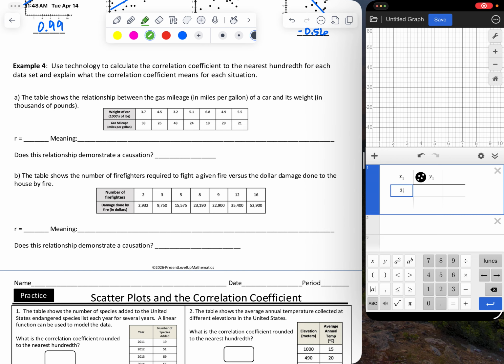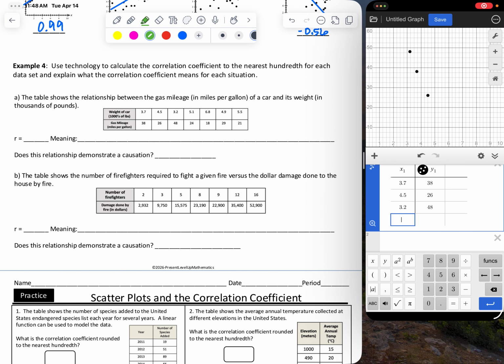So I'm going to enter my values, 3.7, 38, 4.5, 26, 3.2, and 48, 5.1, and 24, 6.8, and 18. 4.9 and 29 and 5.5 and 21. All right, so there's my points. They've appeared up here on the screen.